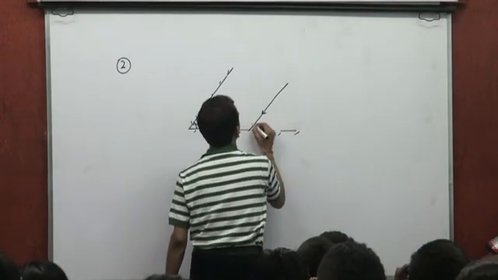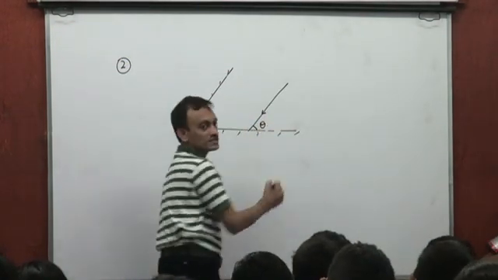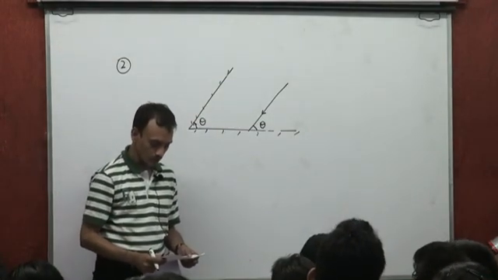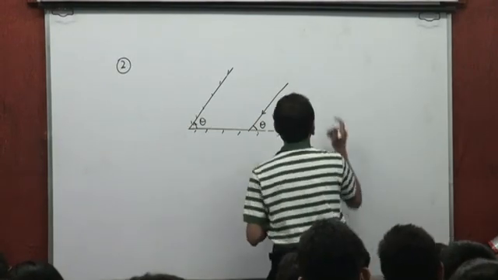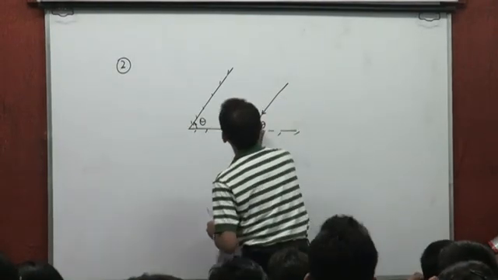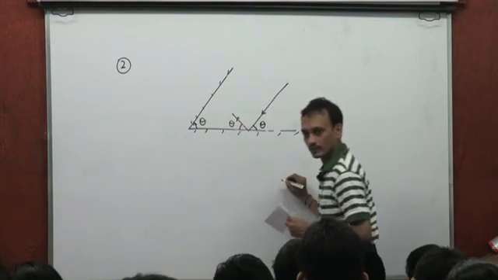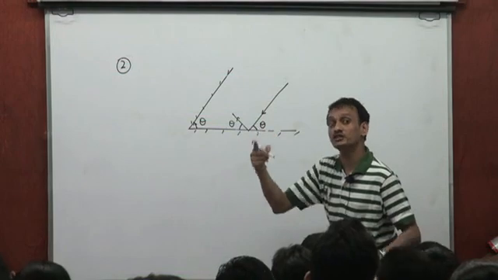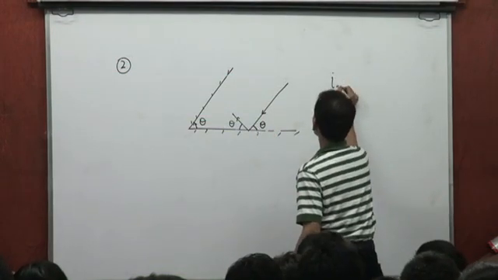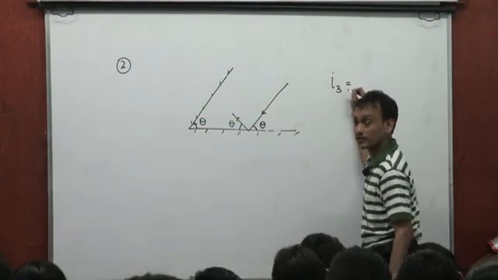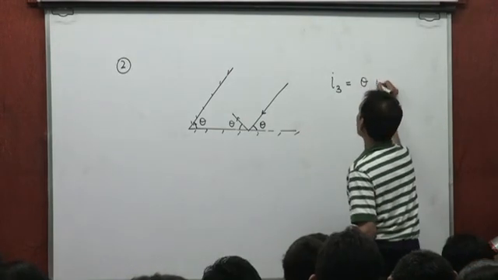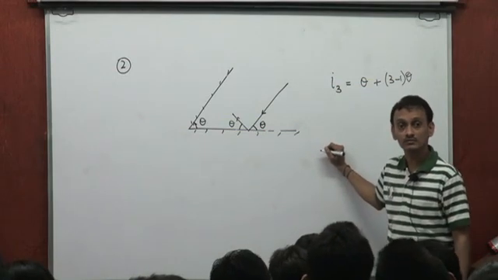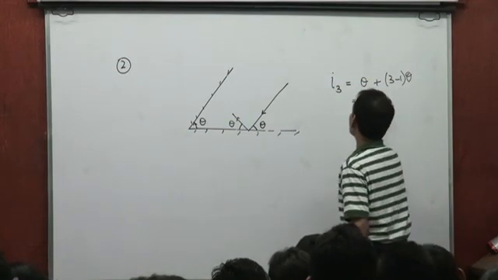If this angle is theta, then after reflection, this will be theta. And these are grazing angles, right? So the grazing angle after the third reflection would be I1 plus (3 minus 1) into theta. Remember this result, right? That is 3 theta.